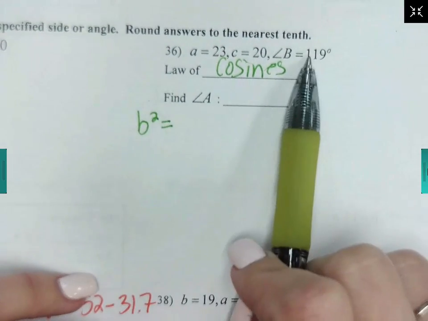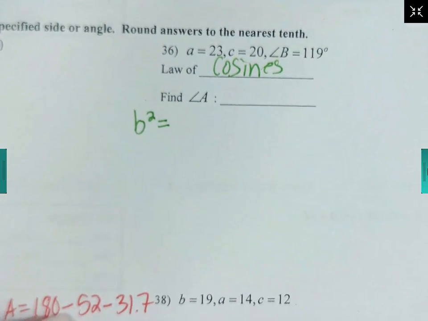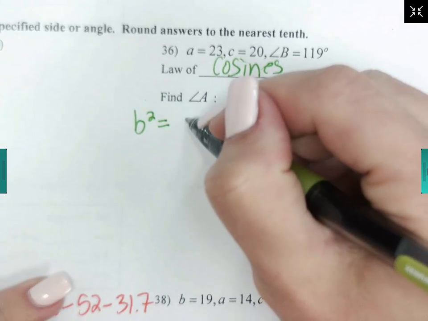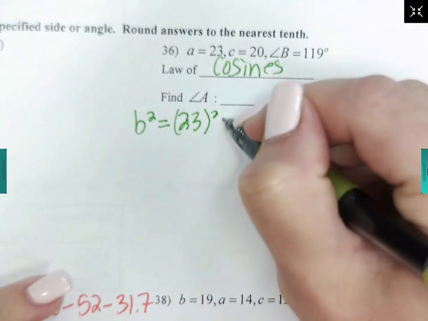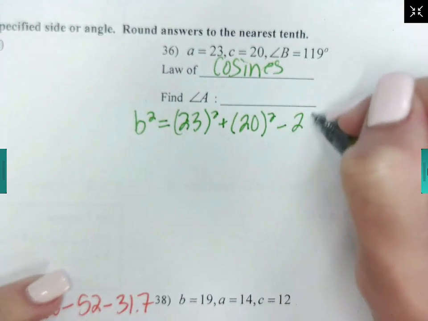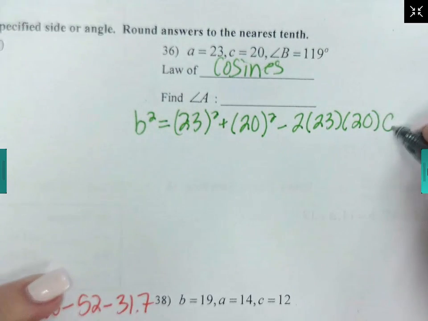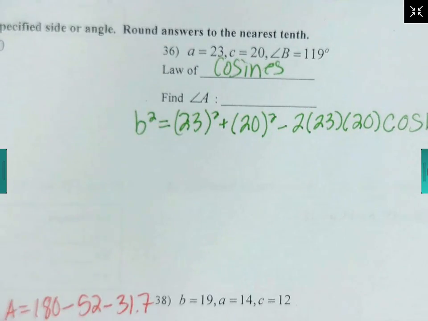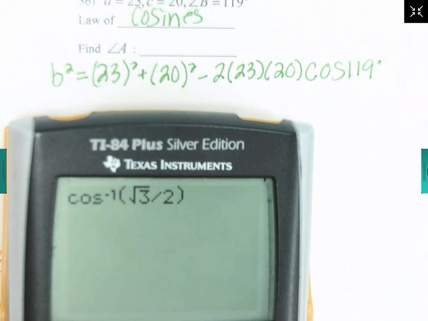And since we're given angle B, that means that we have to solve for side b. So this is b squared is equal to a squared, which is 23 squared, plus 20 squared minus 2 times 23 times 20 times the cosine of 119 degrees. At this point, you can just put all of this in your calculator. Here we go.